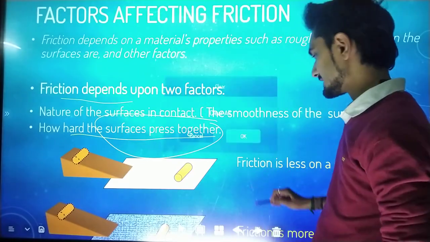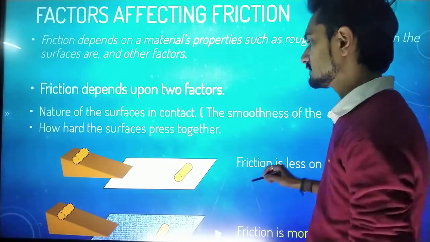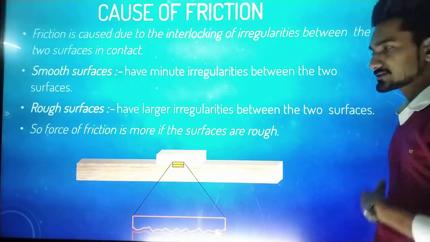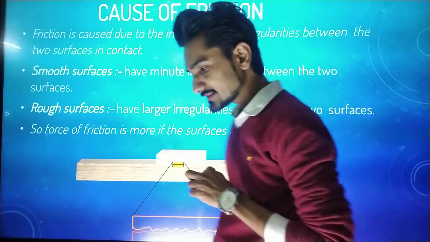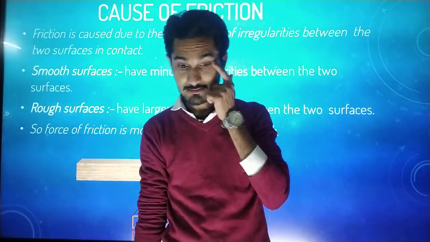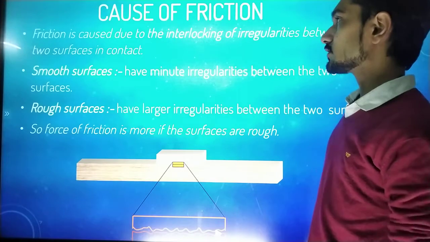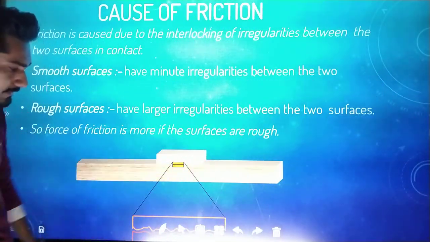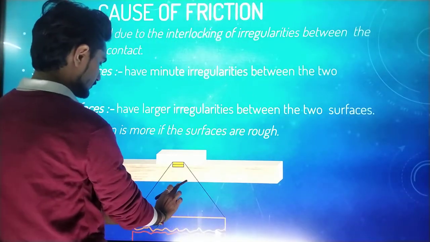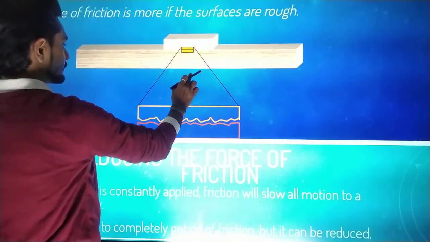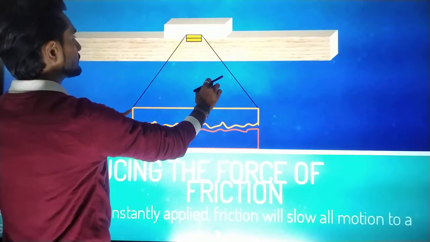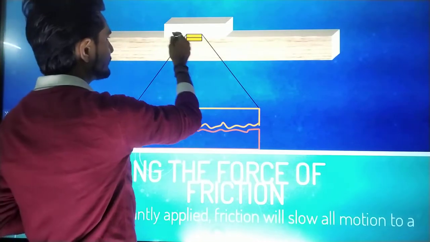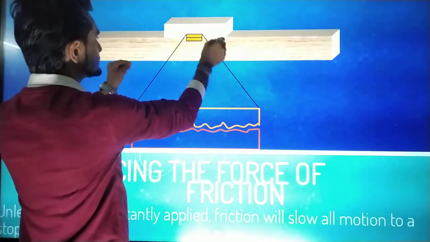Now going to the next slide. Causes of friction. What are the things that cause friction? Here is an important figure, but I'll have to zoom it for you. The thing to observe here is that there are two surfaces.